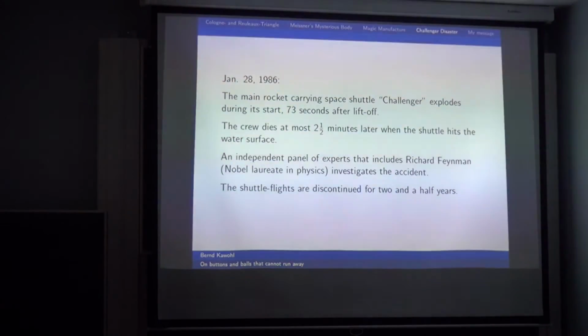And I want to give you one more example, and that is the Challenger disaster, 1986, so that's already 30 years ago. The younger ones among you will not remember it, but the older ones will remember that during the start of a space shuttle, the rocket exploded.